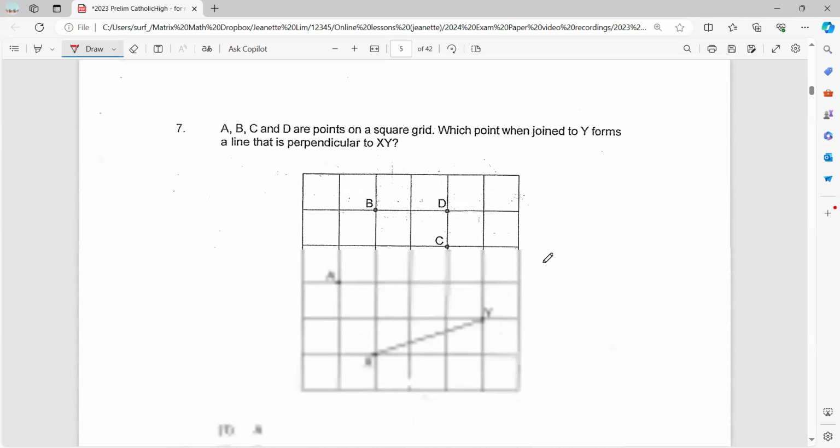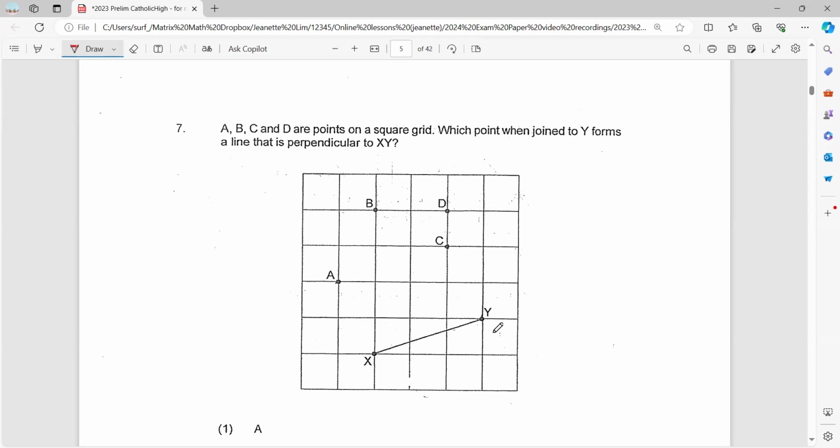Okay, question 7. ABCD are points on a square grid. Which point when joined to Y forms a line that is perpendicular to XY? Now, if you want to find a line that is perpendicular to XY, it needs to cut the grid across in the same way. So let's say this line is cutting across 3 squares.